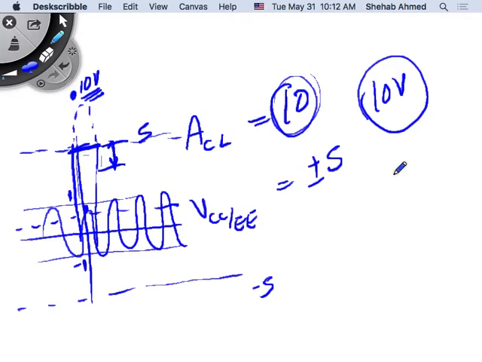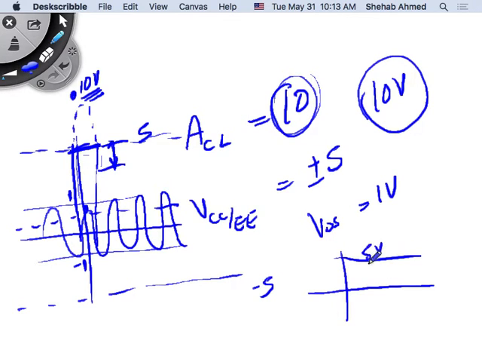I will not get any signal. My op-amp will saturate, not even clip my signal, if my V offset is 1 volt and I'm amplifying it by 10. So what is the output going to be? Saturated at 5. All saturated. So I will lose all the signal content. And that's why I don't want to amplify my offset voltage.